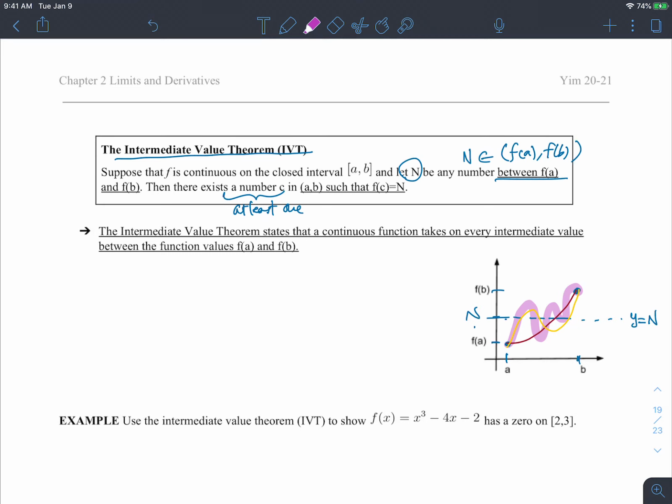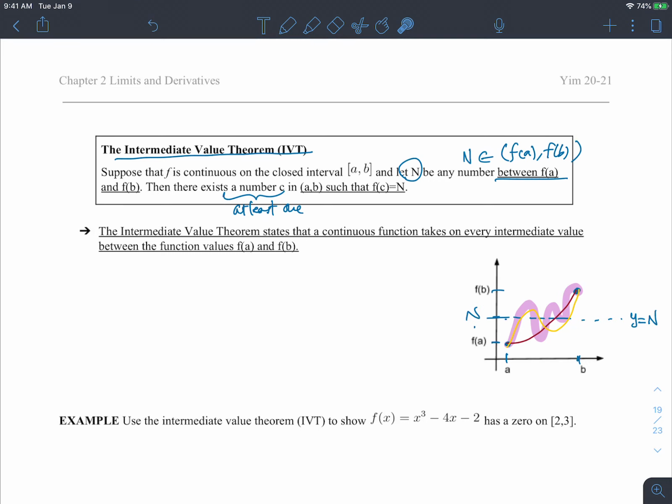In any case, as long as you draw a continuous line from a to b, it will have to cross or be equal to the value n that is between f of a and f of b. So that's all that means. In other words, it has to take on a value between f of a and f of b as you go from a to b.